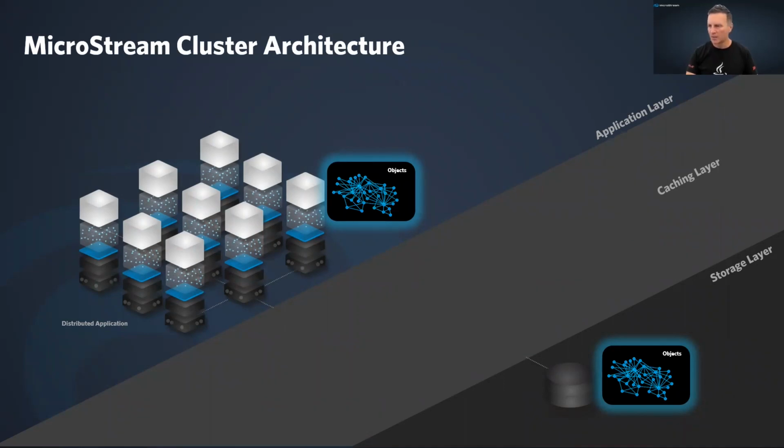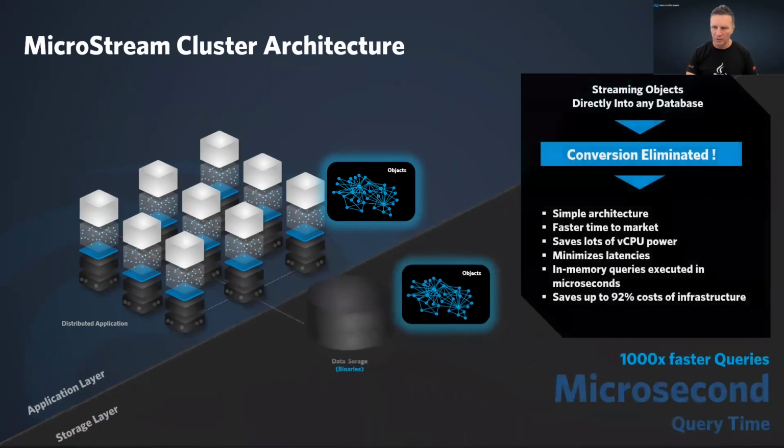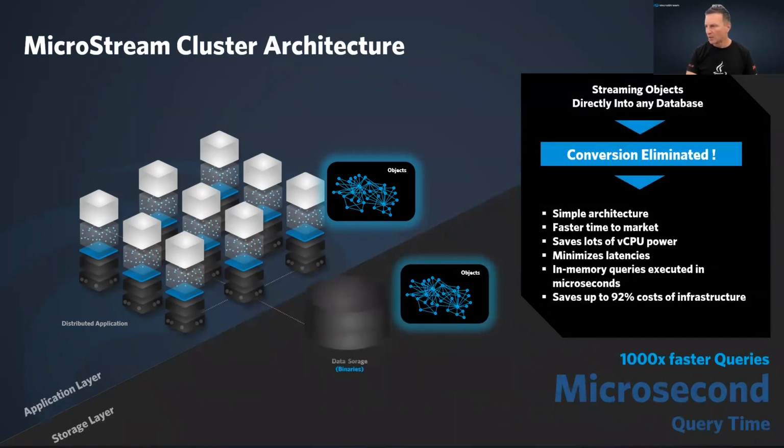It's similar to an in-memory data grid or a distributed cache. They introduce key value, but here with MicroStream, you have a natural, pure Java object graph. And this is where the power comes from, because now everything is in memory in your application node. It's super fast and executed in microseconds.